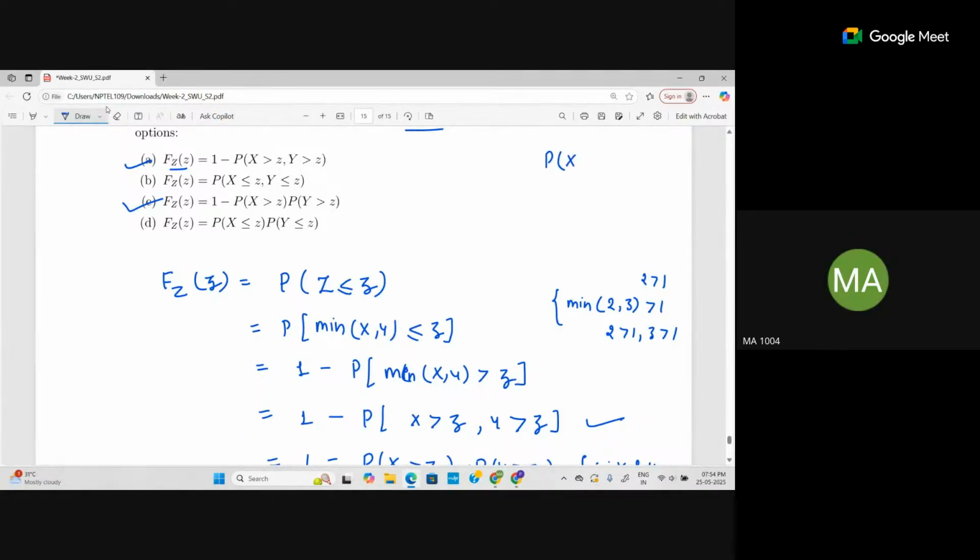Whenever you are given X is less than or equal to 2, how do we calculate it? 1 minus the probability X is greater than 2. So you just assume that in place of X, we are given the minimum of X and Y. We have just used the property of probability. Okay, okay, ma'am.